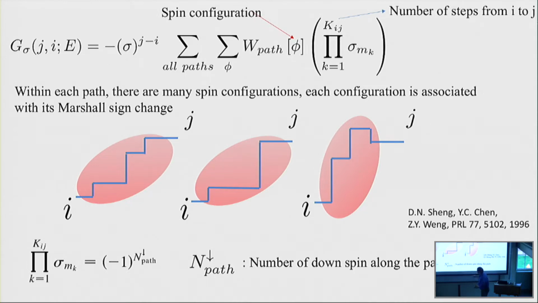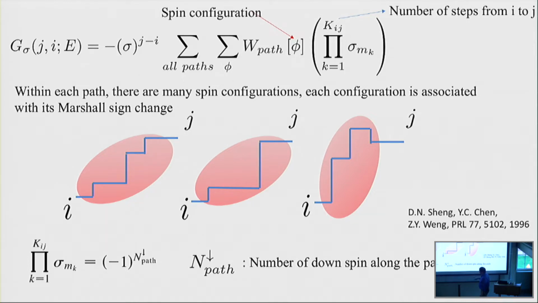Each one of them is associated with a set of spin flips, because for any spin configuration, when the hole moves around, it encounters an exchange with, let's say, an up spin or a down spin, and each time there is a change of sign. So this collection is actually the number of down spins. You can make it up spins also, but let's say down spins.